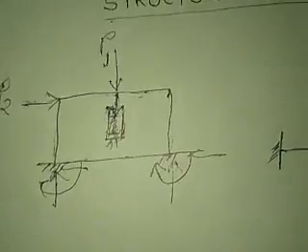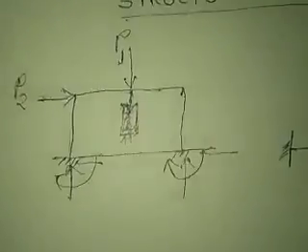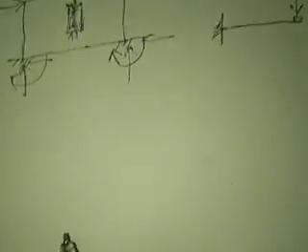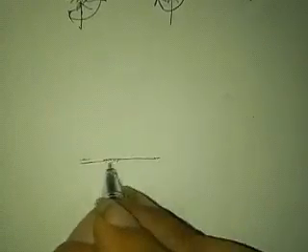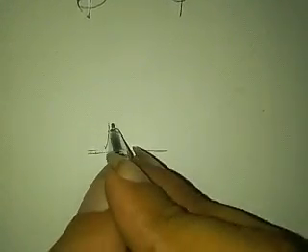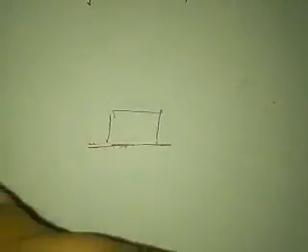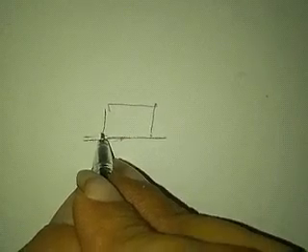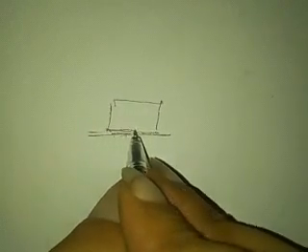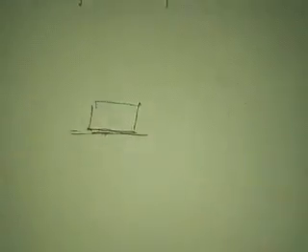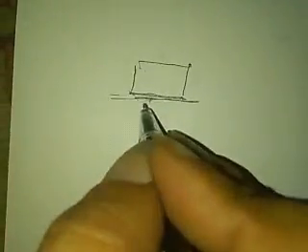So we must understand some things. Say a body is resting on a ground, and I assume that it is frictionless, and if it is frictional, it is rough.